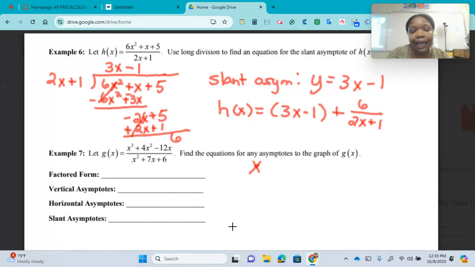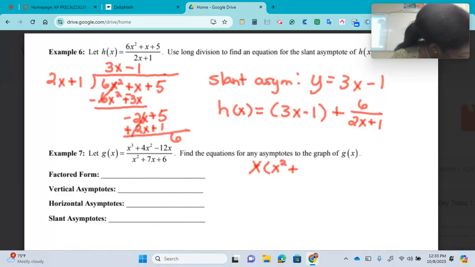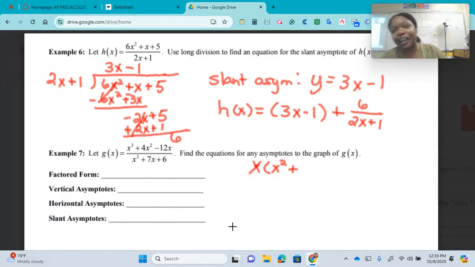When we pull out an x, what do we have left? Oh, you went ahead and factored it. Okay. Well, when we pull out an x first, we have x squared plus 4x minus 12.